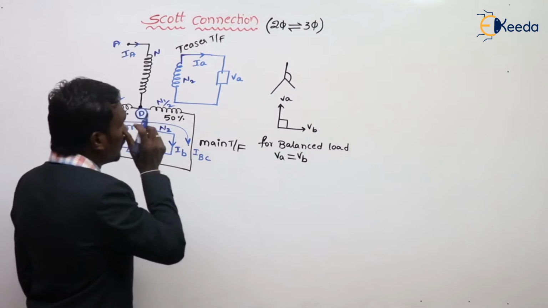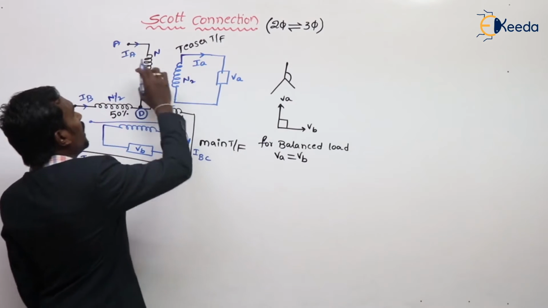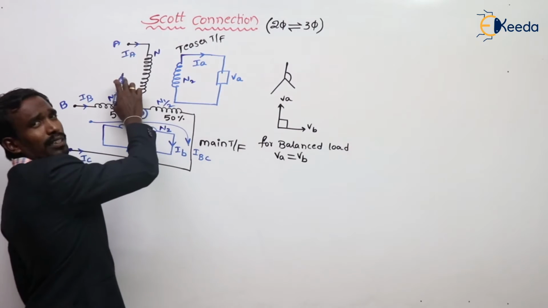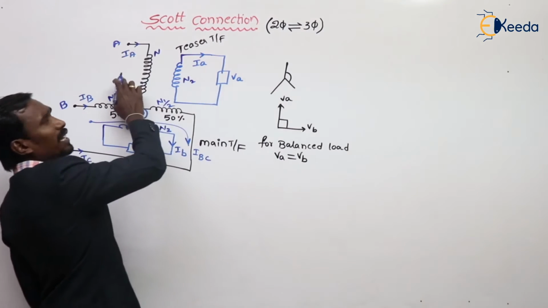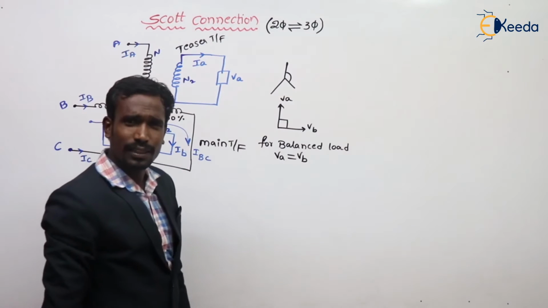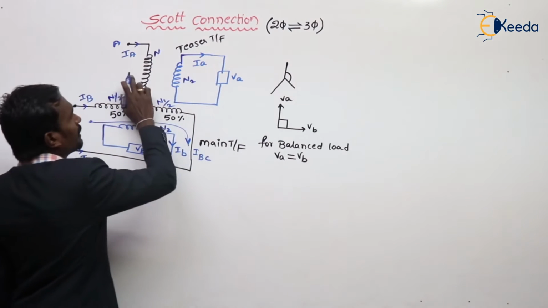For example, this is VA and this is VAD. E2 by E1 is equal to N2 by N1. What is E2 by E1 here?